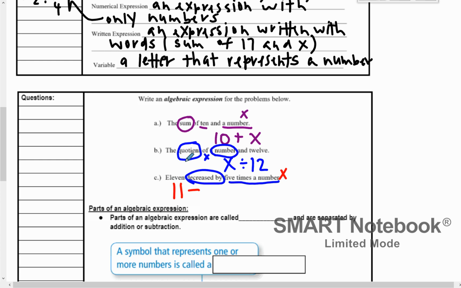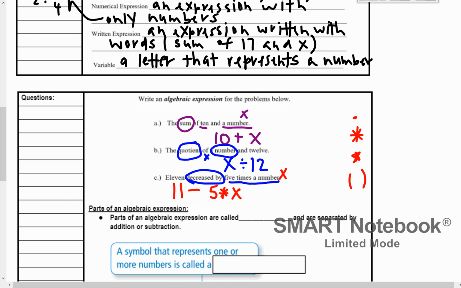So it's 11 minus, decreased by, 5 times x. Now see, this is what I'm saying. We should not be using an x for multiplication because now we have an x as a letter. Okay, so we can't be using that x. We could use a dot, we could use a star, you could use like a real star. However you need to show multiplication, we could use parentheses, okay, but we cannot use an x.